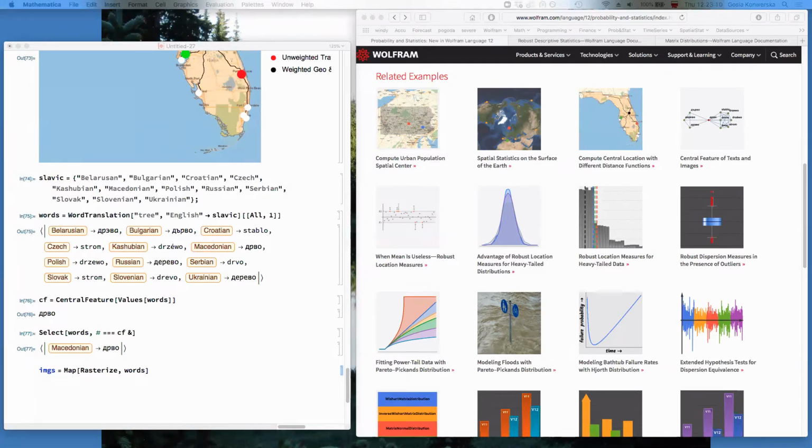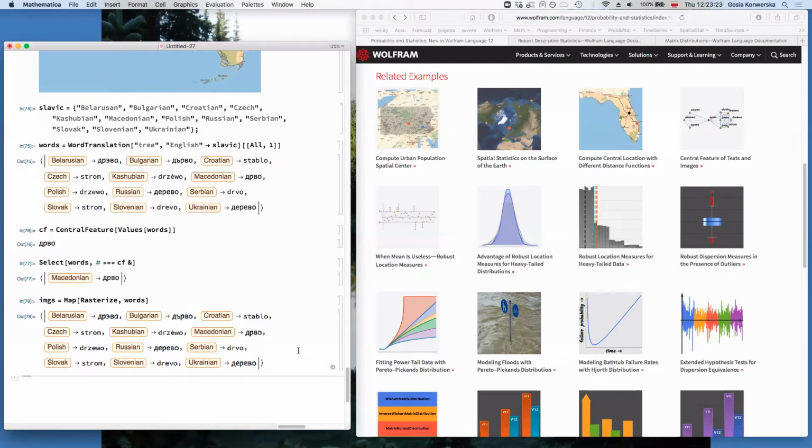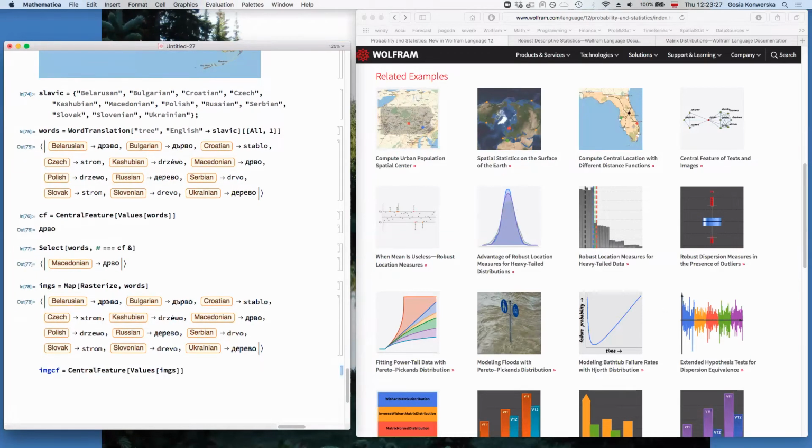Now what we can do is switch from just the words to images by means of rasterization. So we rasterize the words, and now we have images, and then find the central feature of these images.